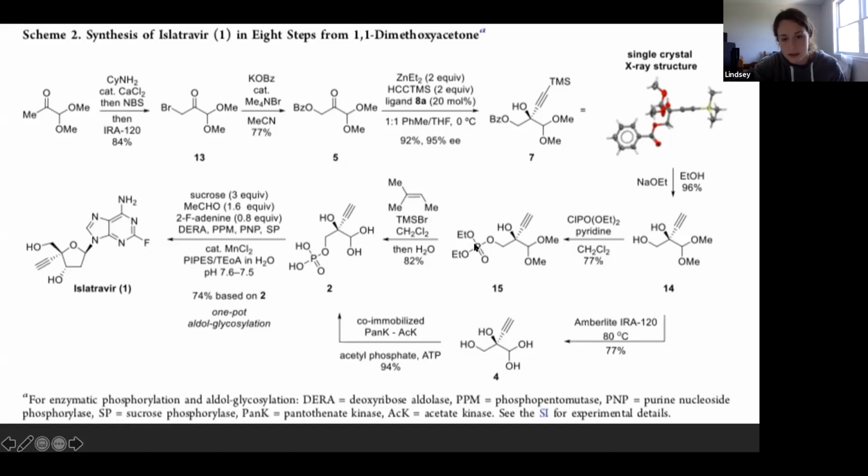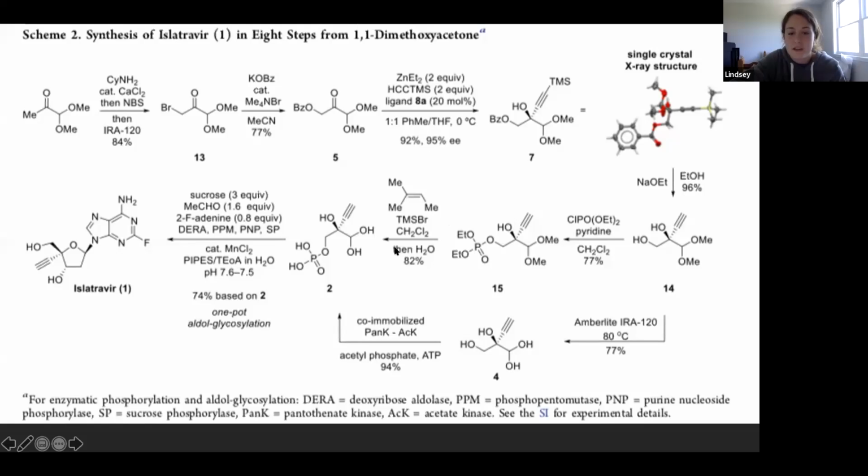alcohol phosphorylated. And then they deprotect the phosphate group and these methyls, and they use TMSBr, and they also use this 2-methyl-2-butene, which protects the alkyne from being brominated by the TMSBr byproduct, which is HBr.